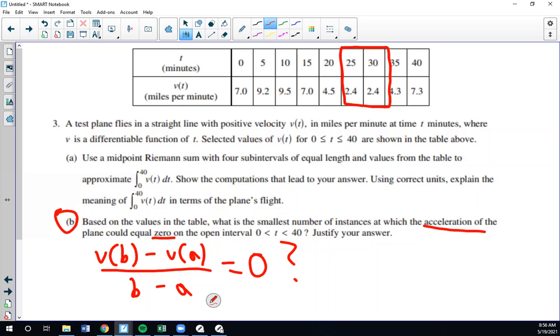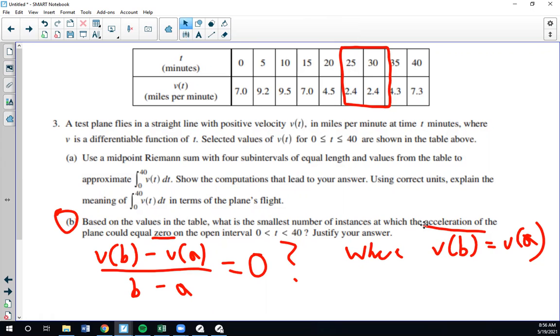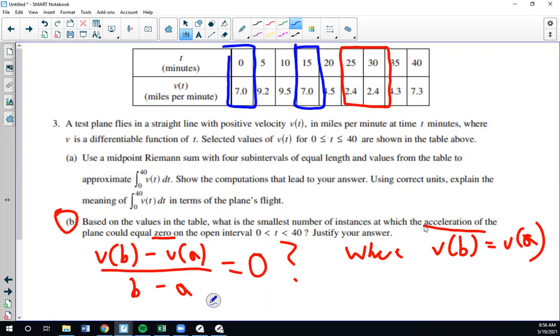It happens where the top is 0. In other words, it happens where v of b equals v of a. That's when v of b minus v of a is going to equal 0. So 25 to 30 is the first place, and the second place is at 0 and at 15.